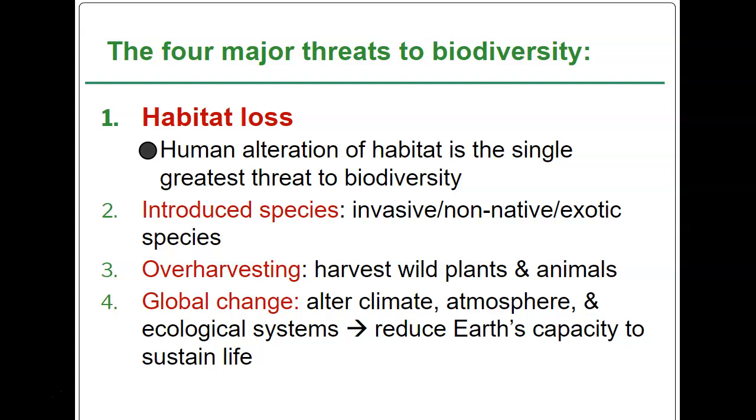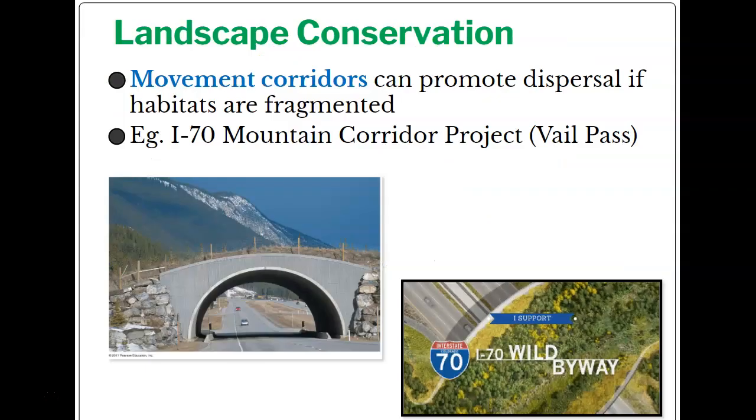And then global changes. So this is where that climate change really comes in, where slowly the climate is changing, the atmosphere is changing, and so the conditions that were once super fit for certain organisms might not be anymore. And then the Earth as a whole might not be able to sustain life as it once could.